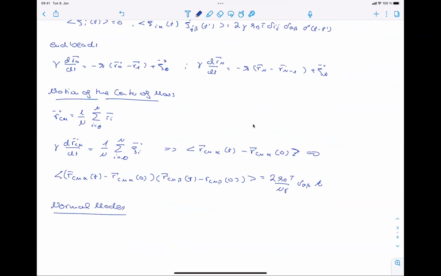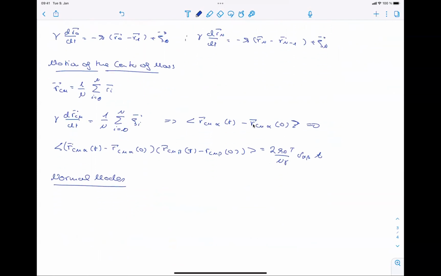And what is cool about normal modes is that these are independent and therefore describe the normal motion of the system.